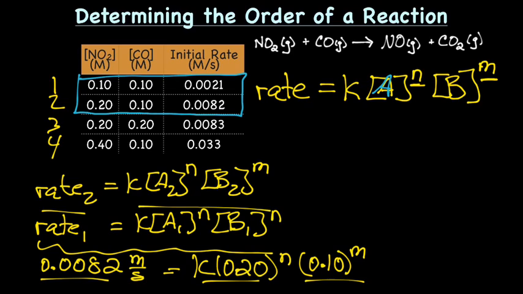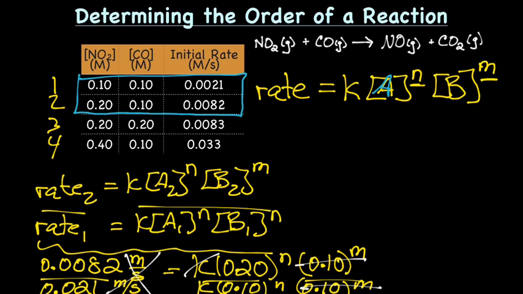And now we'll do rate 1, 0.021, and K, and a concentration of NO2 is 0.1 to the N, and CO is 0.10 to the M. We can cross out the K's, and we can also cross out our CO's, because they match perfectly.